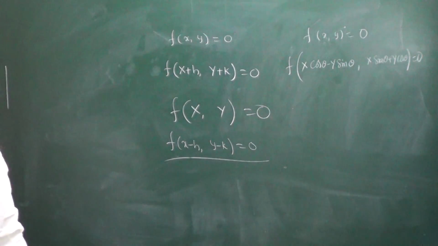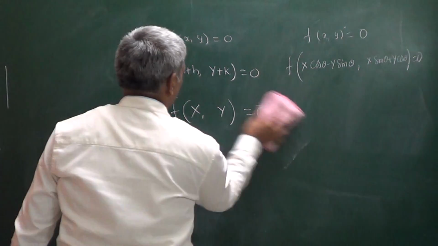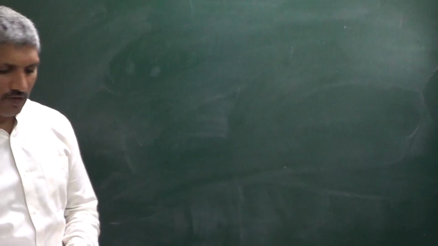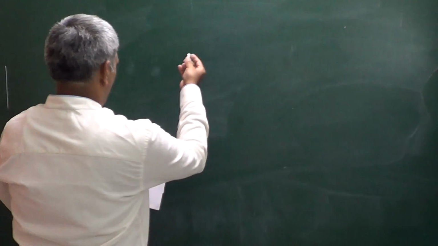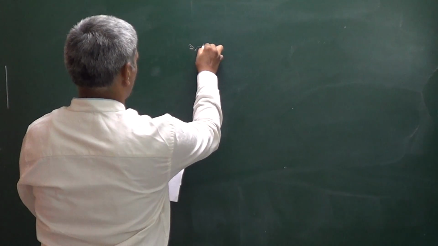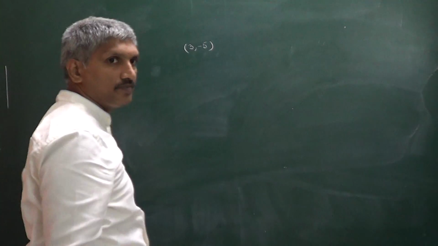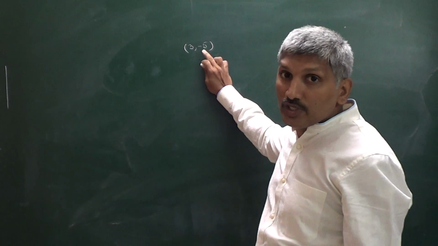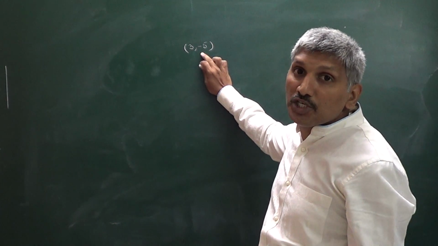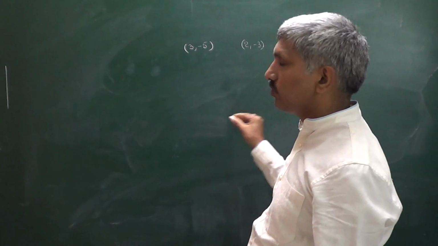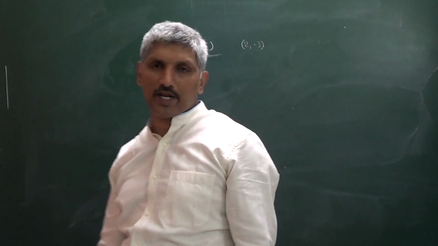So based on this, I want to discuss a few questions. Pay attention here. The first question is like this: the point 3 comma minus 5. These are the old coordinates. When the origin is shifted to the point 2 comma minus 3, what about its new coordinates?